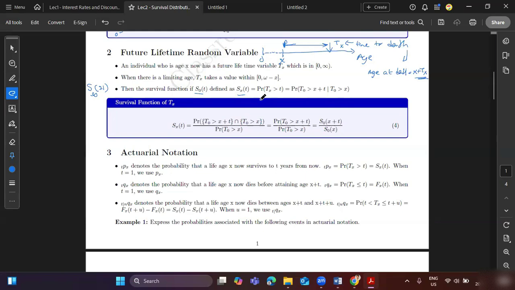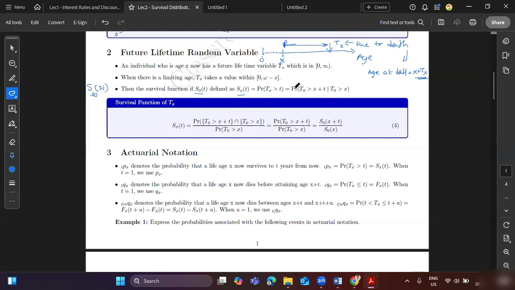So in that case, you will see there's a kind of conditional statement. That person has already survived 30 years and we want him to survive 21 more years. That's how his age becomes 51. So you can use this Tx and convert it to T naught.